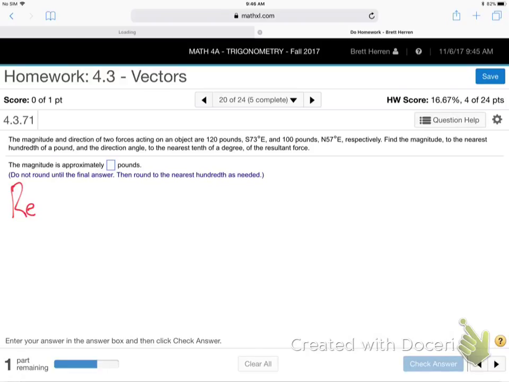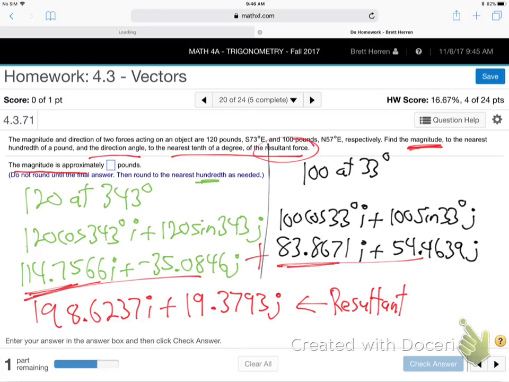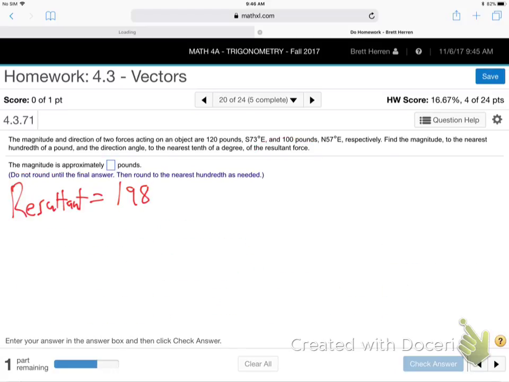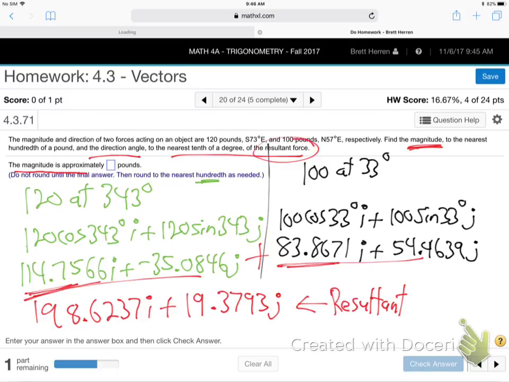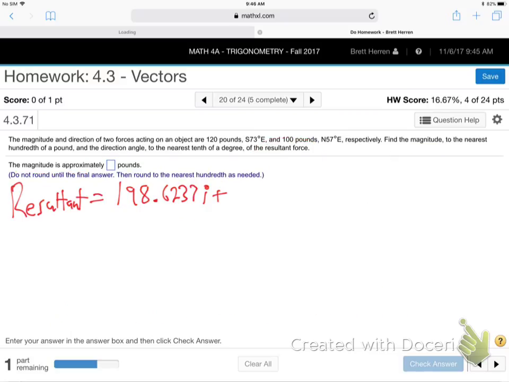So we are still on the same problem. So the resultant, 198.6237 plus, what was it? 19.3793 J, and so the magnitude, like how much force is it?